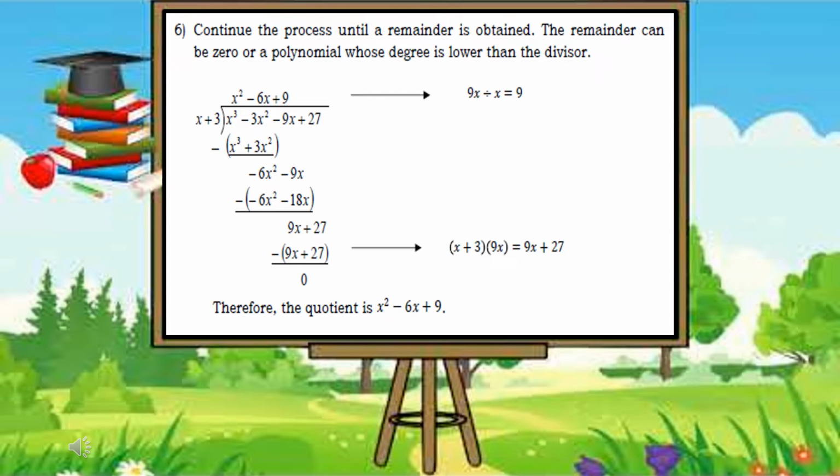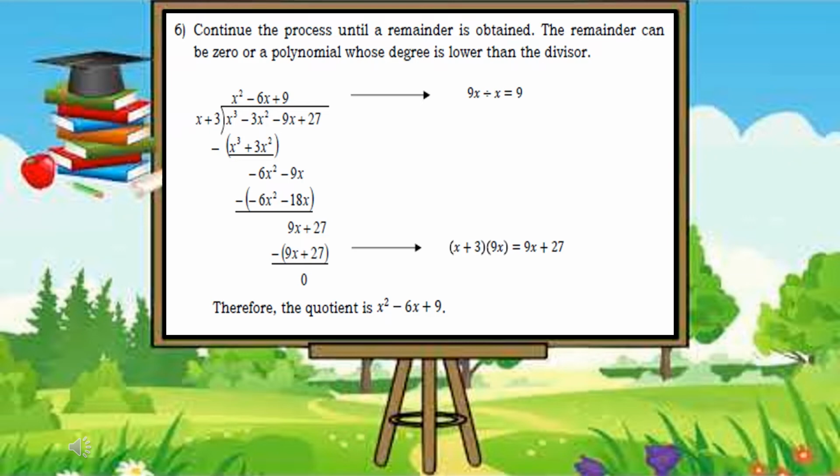So we have here negative 6x squared minus 9x. Change the sign of the subtrahend and proceed to addition. If we change the sign of negative 6x squared, that will give us positive 6x squared, and then positive 18x.